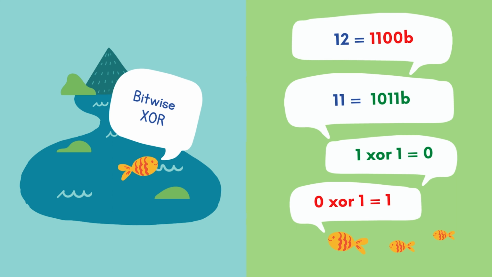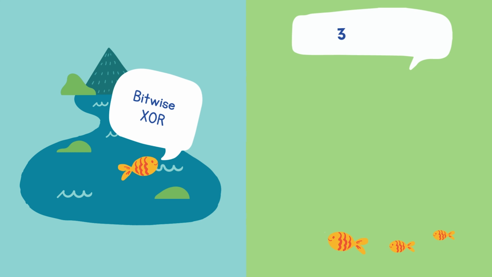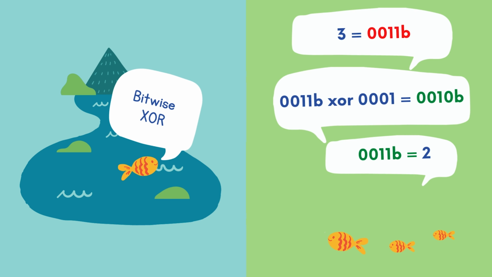So, if we XOR an odd number by 1, the result will be equal to its decremented value. I'll show you what I mean through an example. Take the number 3. Its binary representation is 0011, or simply 11. 3 XOR 1 equals 2, and as we can see, the result is indeed equal to 3 decremented by 1.